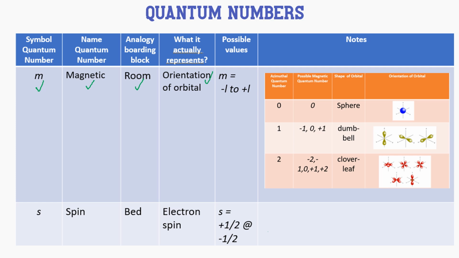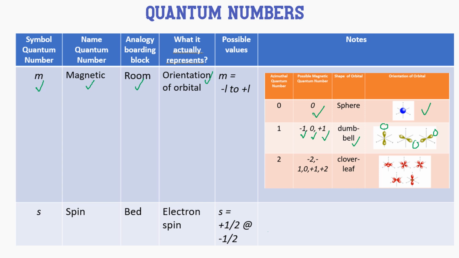So if l equals 0, m will also equal 0, and the shape of the orbital is a sphere. If l equals 1, then the possible m values are negative 1, 0, positive 1, and the shape is a dumbbell, where you will notice that they are at different orientations.